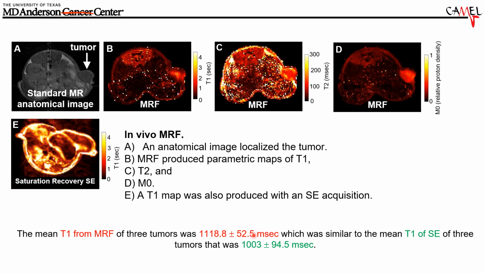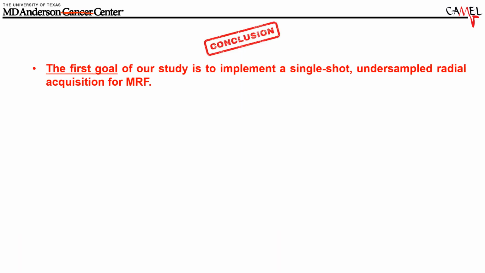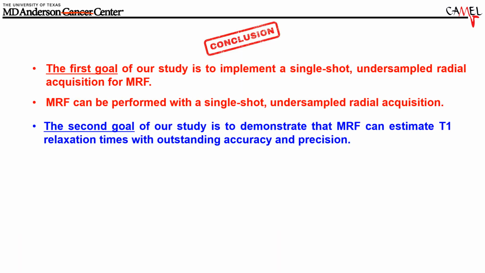So please keep in mind there's biological variation within the tumor. And that compares very well to the spin echo T1, which was a second, with higher variability, showing that the MRF, which has the same biological variability as the spin echo, has better precision than the spin echo method.